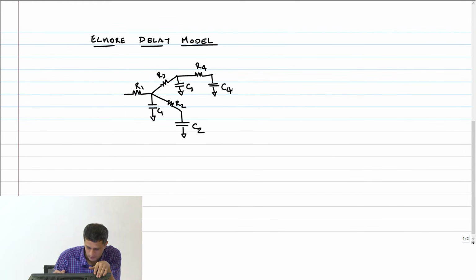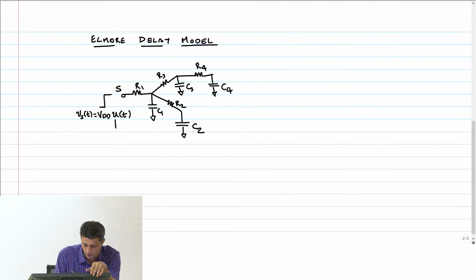Okay, this is my source node, and I am assuming that the input goes instantaneously from 0 to VDD. That means this is my source, Vs of t is VDD into u of t.